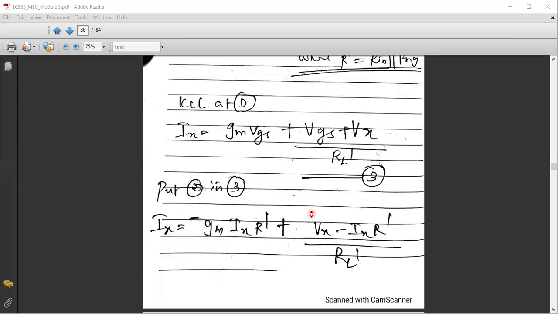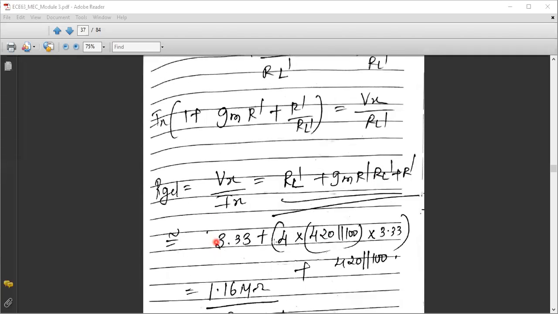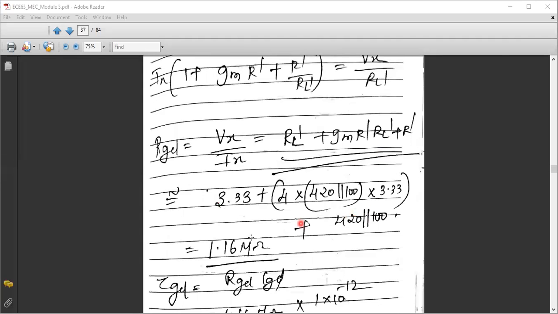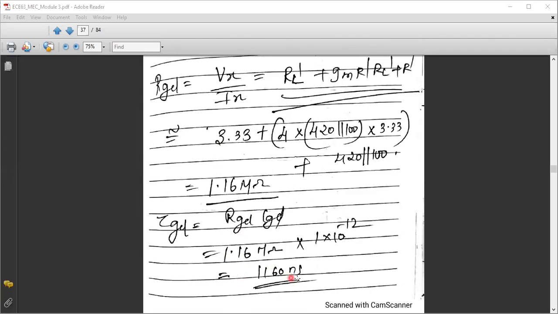After substituting, we have only the terms VX and IX. All the terms comprising IX we take to the left hand side, and we retain VX on the right hand side. Find the ratio VX by IX, and you will get the equation. Substitute all the parameters, and we get the resistance value. Multiplying with the corresponding capacitance we considered, put it in the same unit.